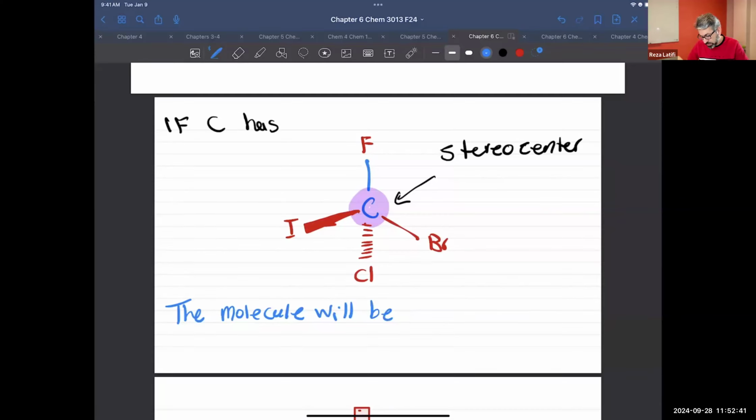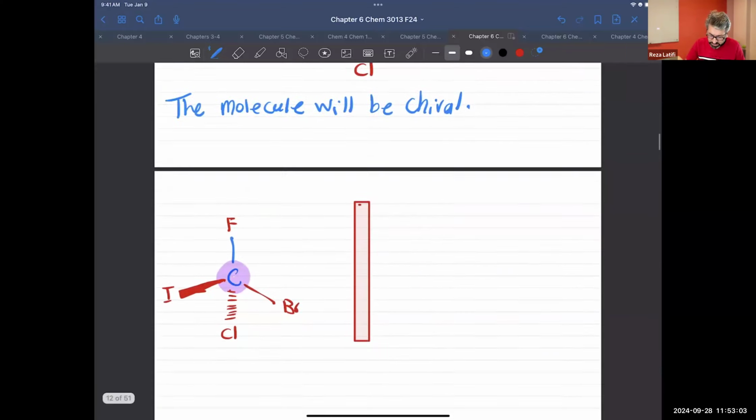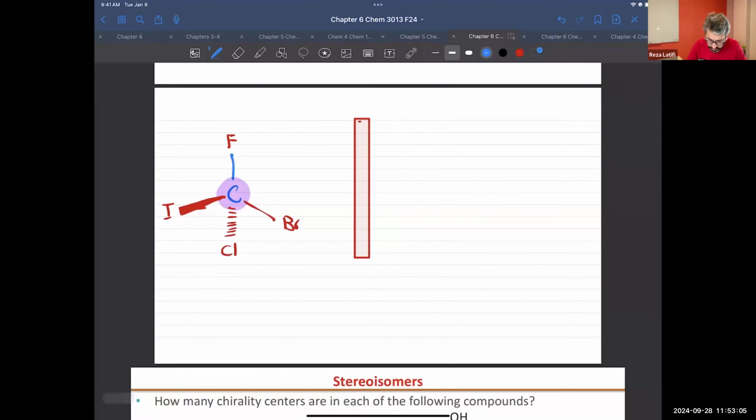I'm talking about just one carbon atom, and I have a stereo center, and there is no other group until now, so the molecule will be chiral. It means it's going to affect the light whenever light is coming to it, and we will talk about that later. Next, now that we know we have a stereo center, we're going to put a star on it, and that means we have a stereo center, or a chirality center.